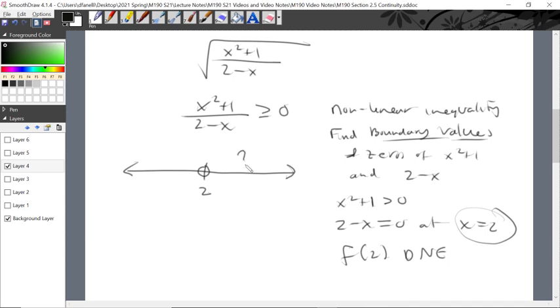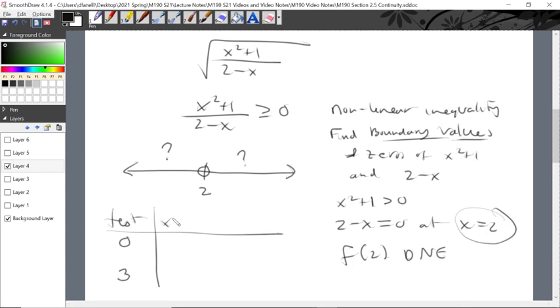But what about values that are greater than 2? And what about values that are less than 2 as well? We're going to test those values in this inequality right here. So let's choose some test values. Something less than 2, for instance 0, and something greater than 2, how about we take 3?